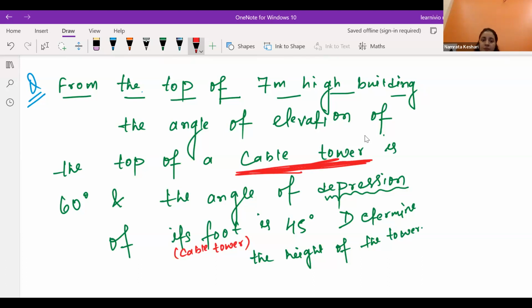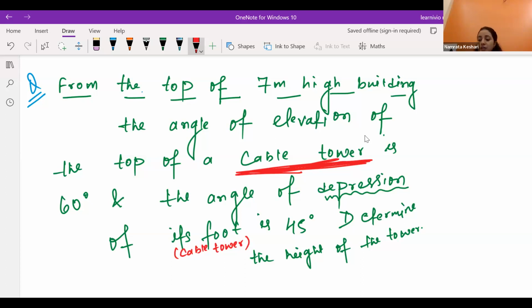Let's take a pause. It also says that the angle of depression of its foot is 45 degrees.